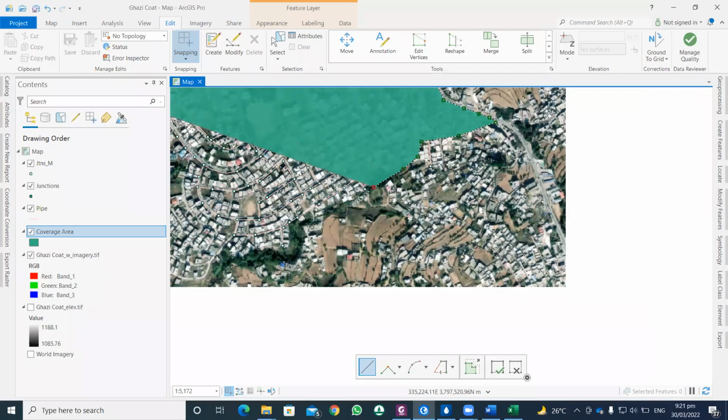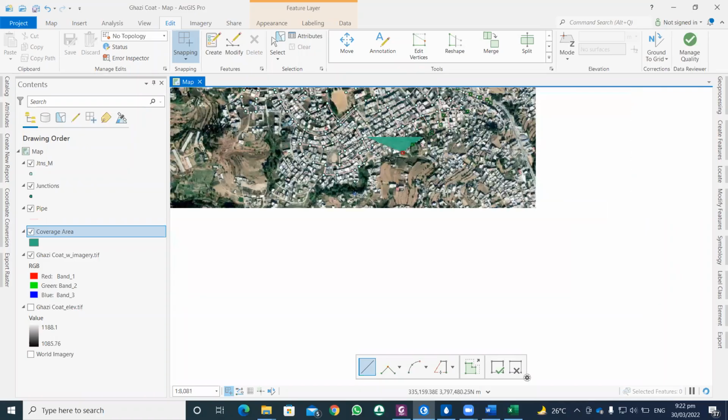And I will be showing you how the demand will be expected from each polygon to each node.